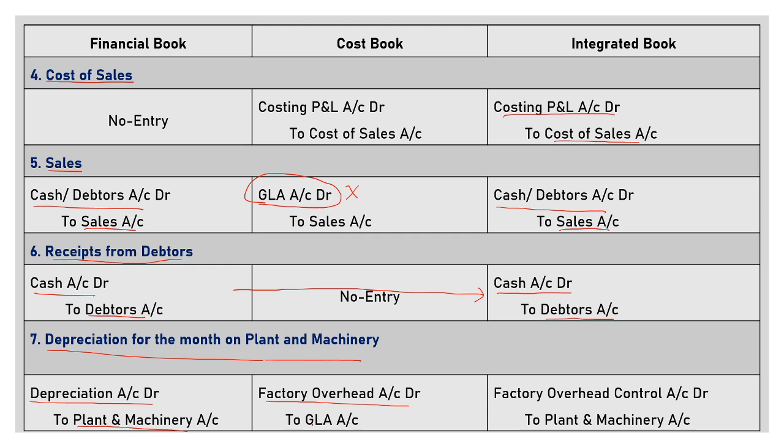In place of plant and machinery, because it is an asset, we use general ledger adjustment account. Now in place of general ledger adjustment account, we again use plant and machinery in integrated books. So here our entry for the depreciation on plant and machinery is factory overhead control account debit to plant and machinery account.